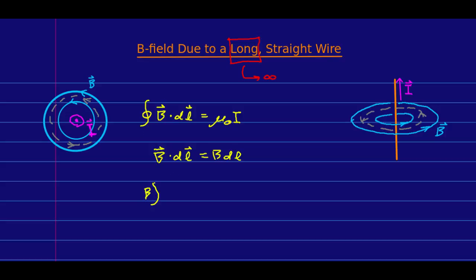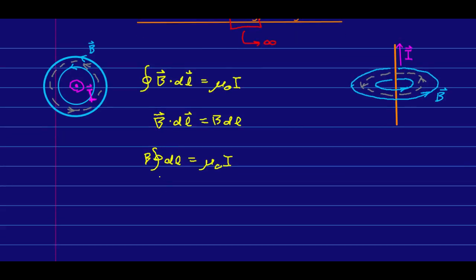And that integral of dl is nothing more than the length of the path. So if my path has a radius, which I might as well call r, then that is just 2 pi r. And there, I have the strength of the B field as a function of distance from a long straight wire.